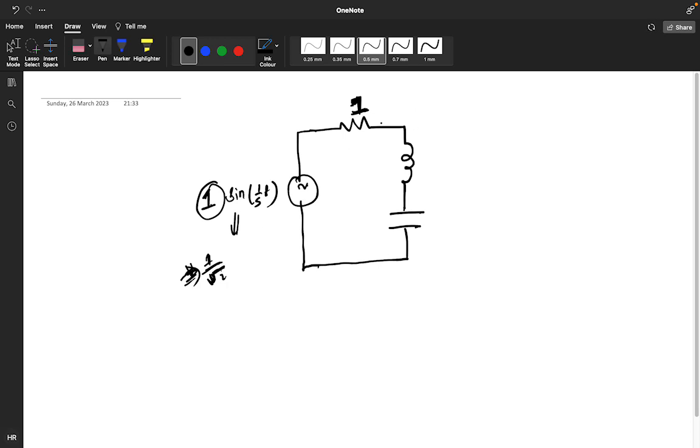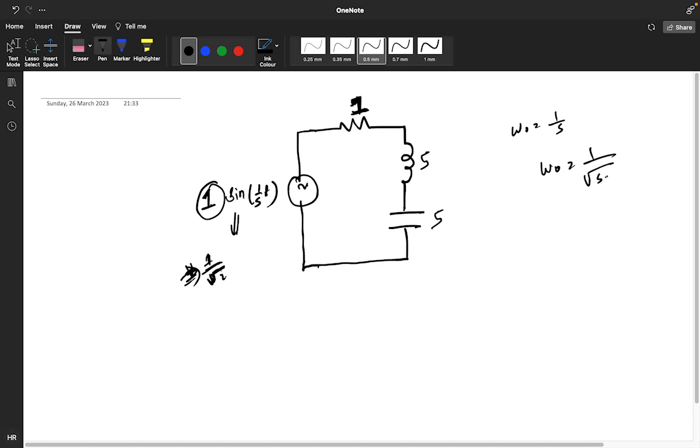And what is the omega naught frequency? Assume L as 5 and C as 5 only. So you will get omega naught as 1 by root of L into C, that is 5 into 5, so 1 by 5 only.